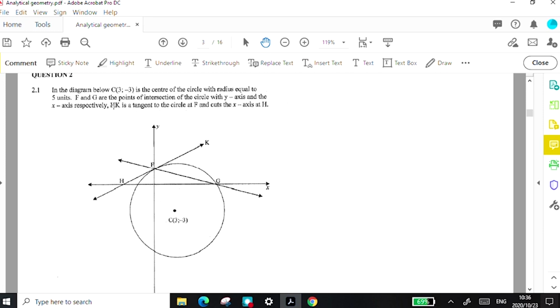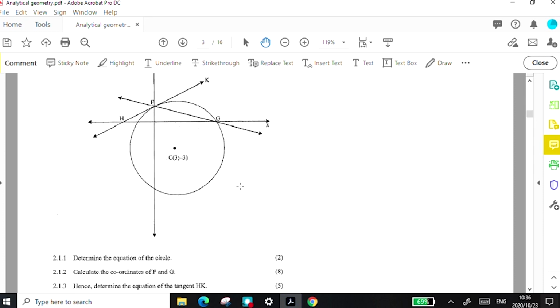F and G are the points of intersection of the circle with the y-axis and the x-axis respectively. HK is the tangent to the circle at F and cuts the x-axis at H. We are required to find the equation of the circle.